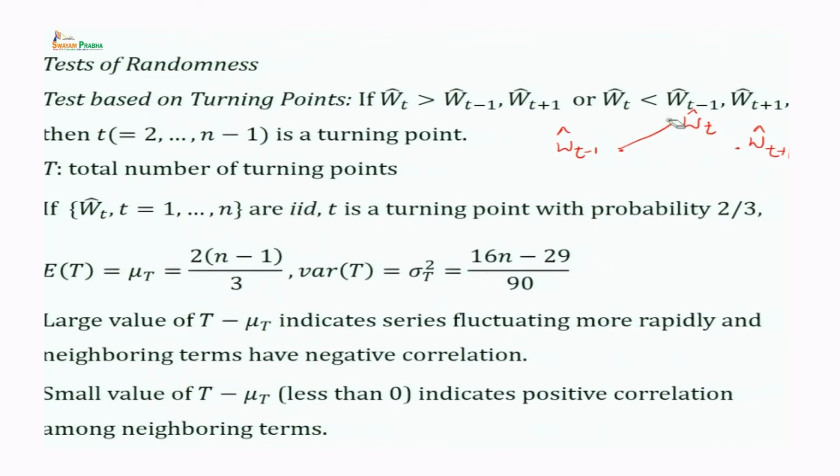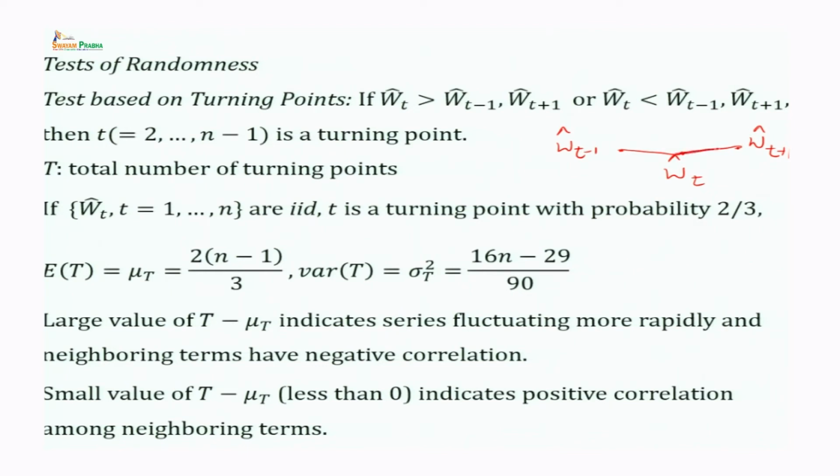The second possibility is your w hat t is less than both w hat t minus 1 and w hat t plus 1. This is w hat t, this is w hat t minus 1, w hat t and w hat t plus 1.